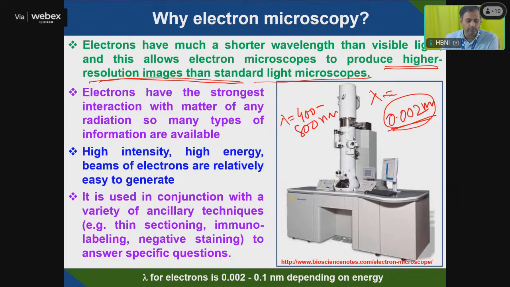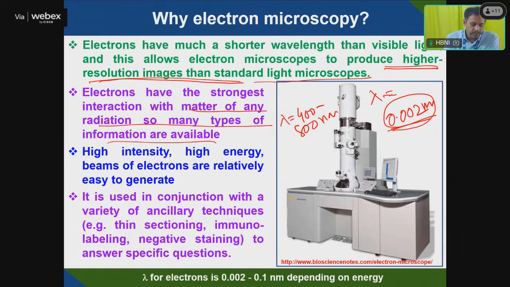And electrons have the strongest interaction. If you see the interaction of an electron beam with matter and the interaction of visible light with matter, there is a drastic difference between them. Electrons have a stronger interaction with matter than any other radiation, so many types of information are possible.